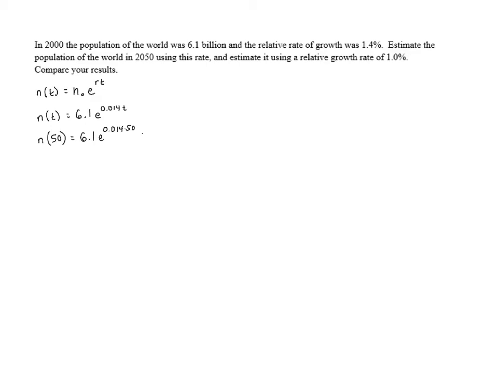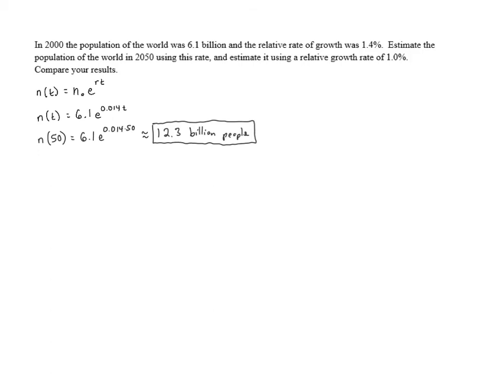And when we approximate this, we get approximately 12.3 billion people. So if this rate were to keep up in 2050, we would have approximately 12.3 billion people.